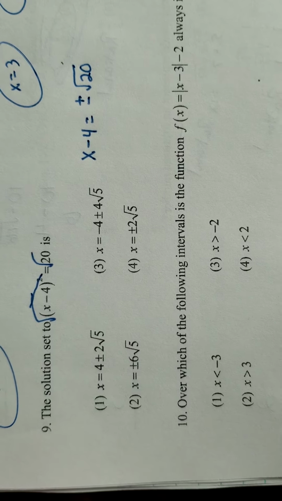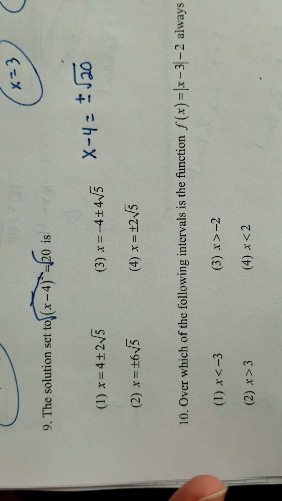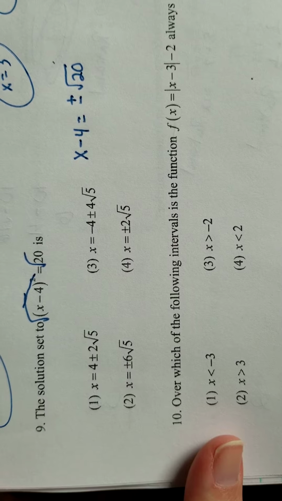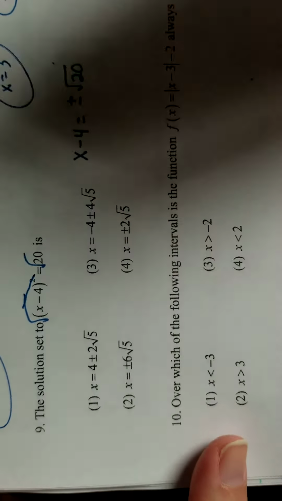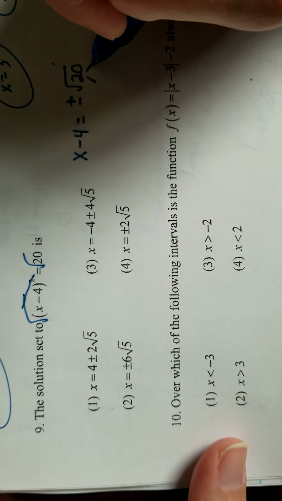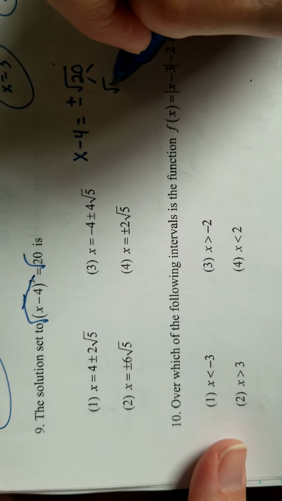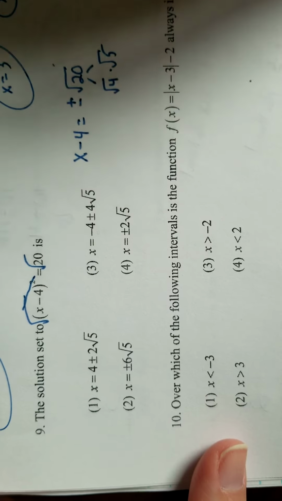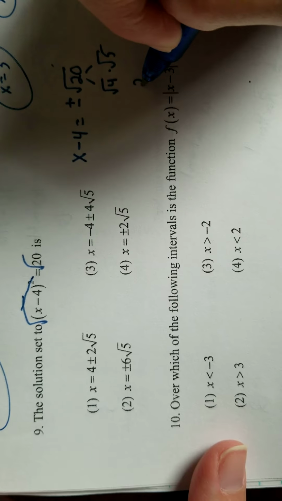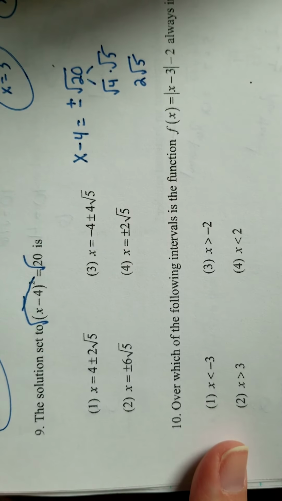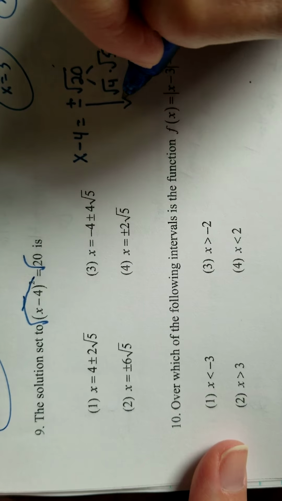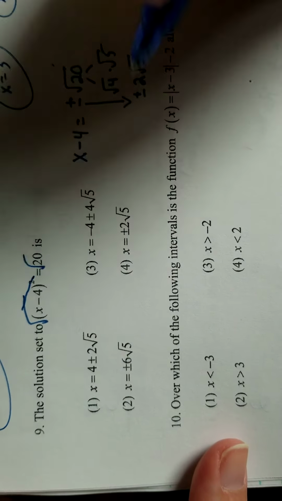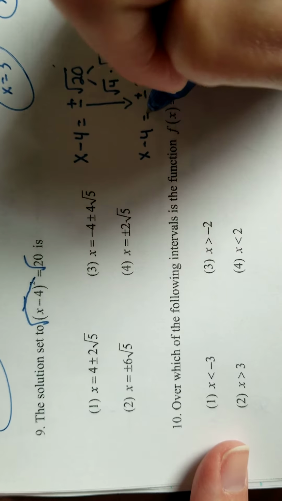20 is not a perfect square, but if you remember in previous problems that we've done, there is a perfect square inside of 20. We could go ahead and pull that perfect square out. Remember, it's square root of 4 times the square root of 5, and the square root of 4 gives me 2. So that gives me 2 square root of 5. Bring down your plus or minus, x minus 4.